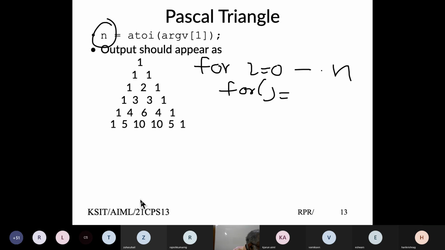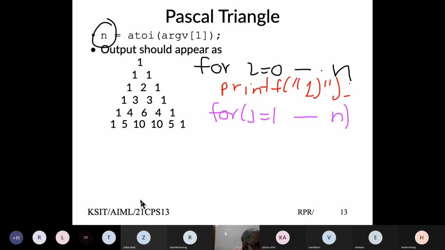I know my first value is always 1, so I can say print 1 here. And then I can run another loop for j equal to 1 to n. Should it be 1 to n or should it be something else? That's the question I'm asking you.